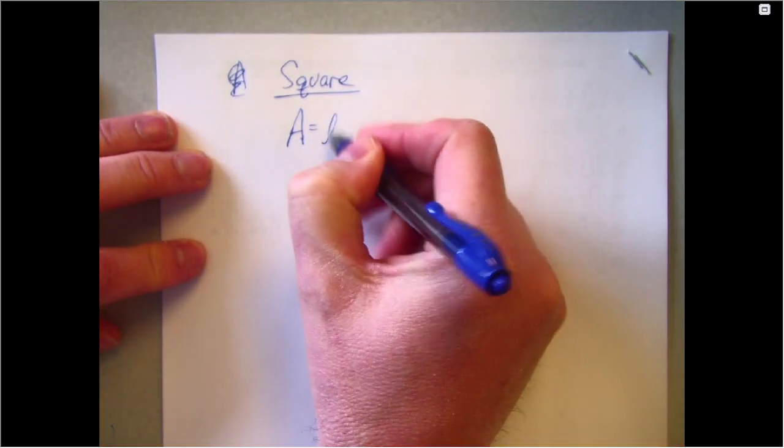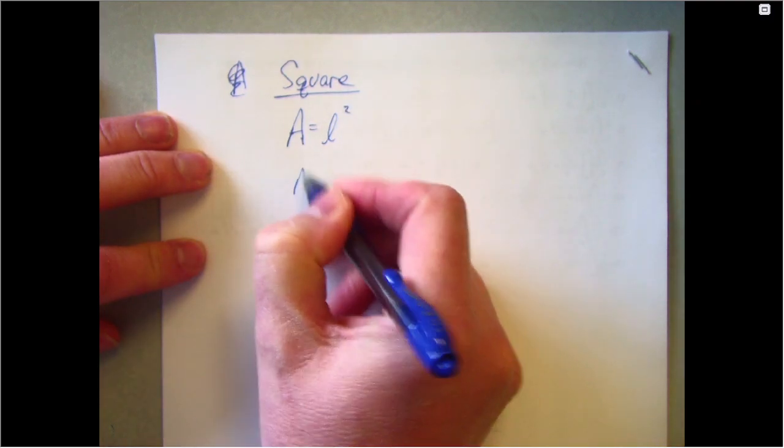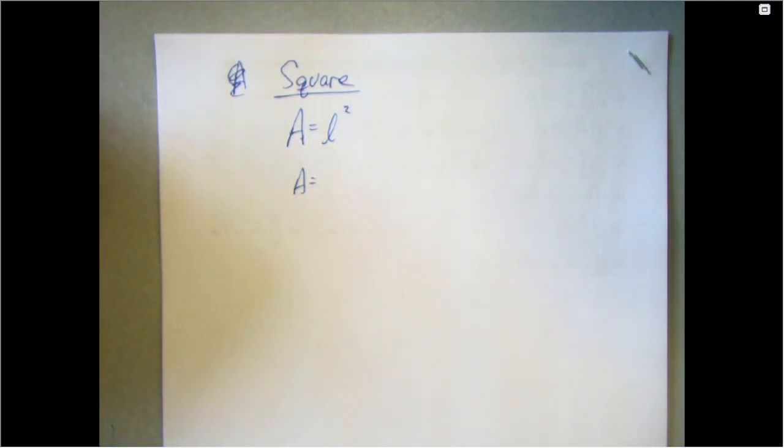It's not supposed to be a trick question. Side squared, length squared, base squared. What if I gave you the diagonal? I'm telling you there's a square with a diagonal of 10, find the area.